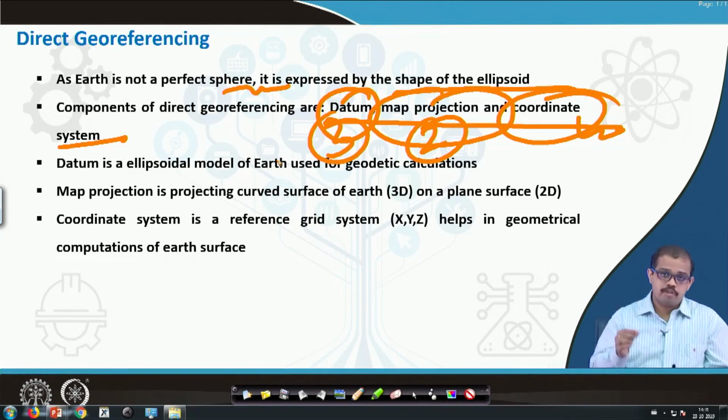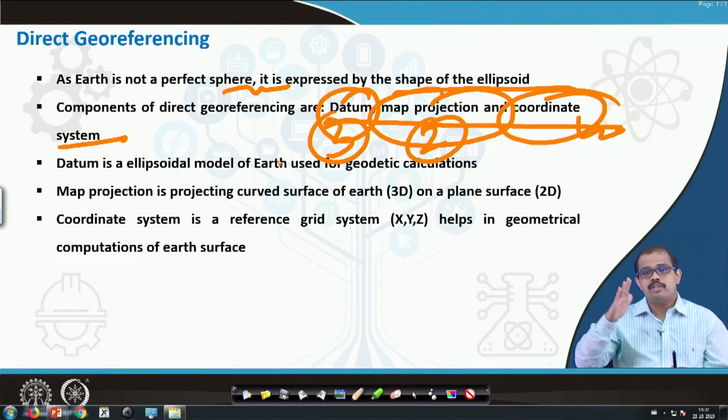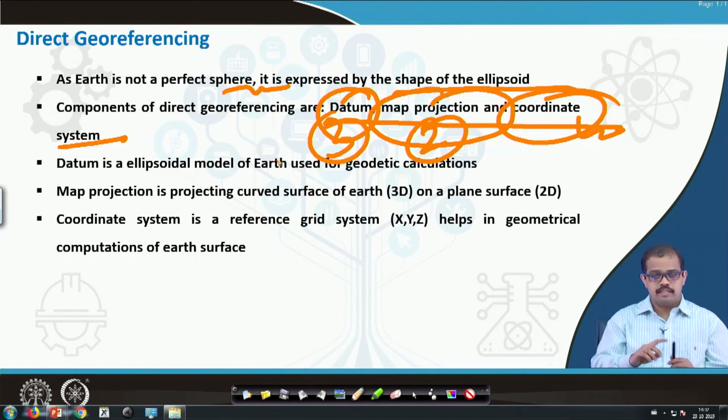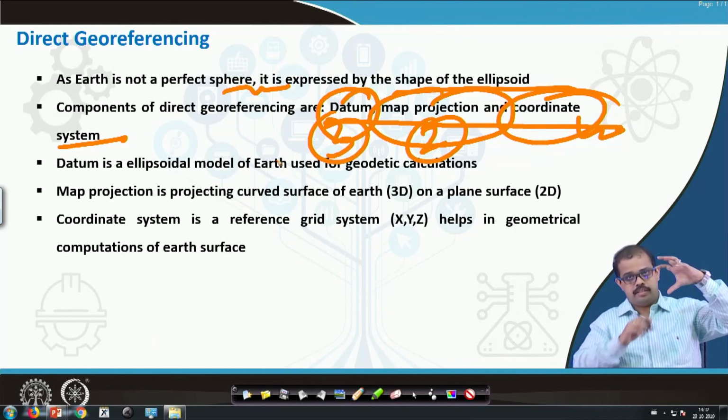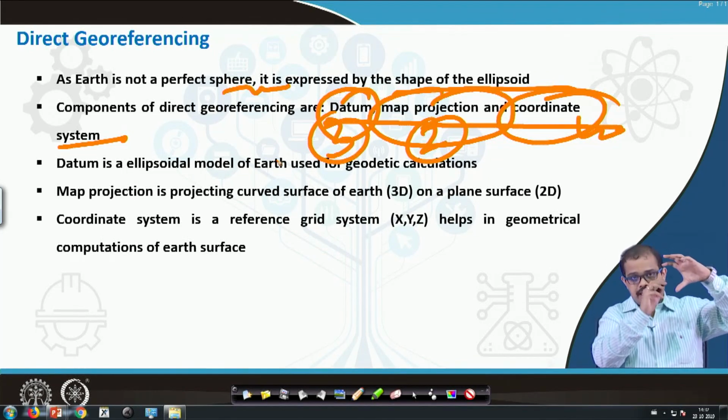Datum is an ellipsoidal model. I am repeating the previous slide. Datum is an ellipsoid model of the earth used for geodetic calculations. Map projection is a projection of the curved surface of the earth into 2D. For example, if this is the earth surface, the circular earth surface, it's 3D data.